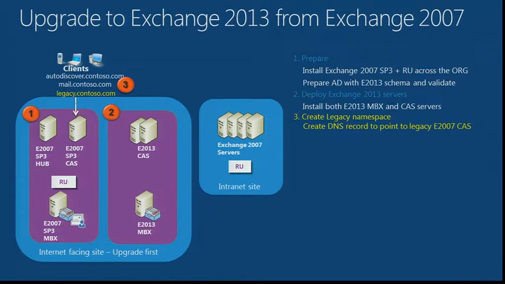But the legacy namespace does have to be created, and it's going to go on the certificates in a minute as well. And if you're not familiar with how to do this, it's very simple. It's just another FQDN that you create in DNS, and you assign it the appropriate IP addresses, in this case, the IP address that points to your 2007 infrastructure. And when we say legacy namespace, it can be any namespace that you want.